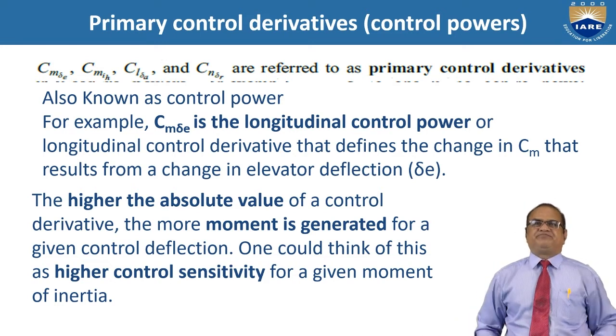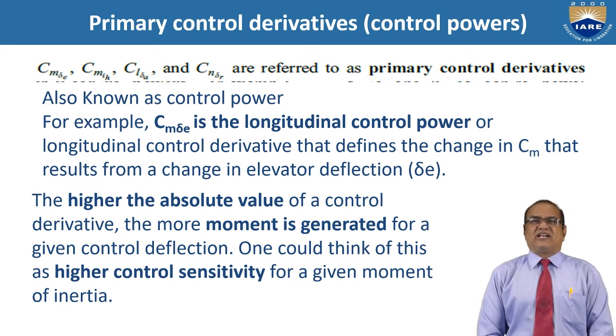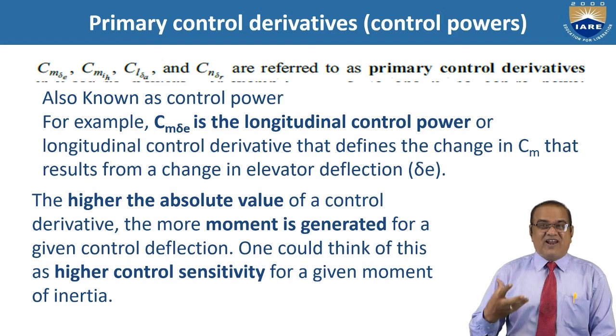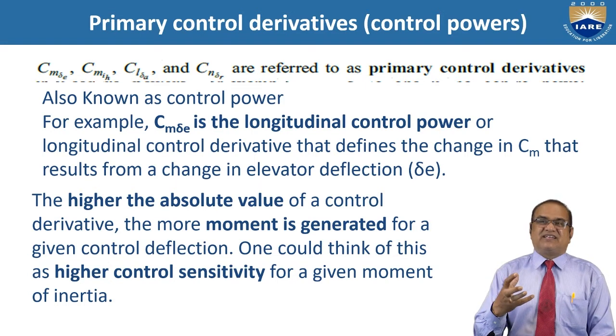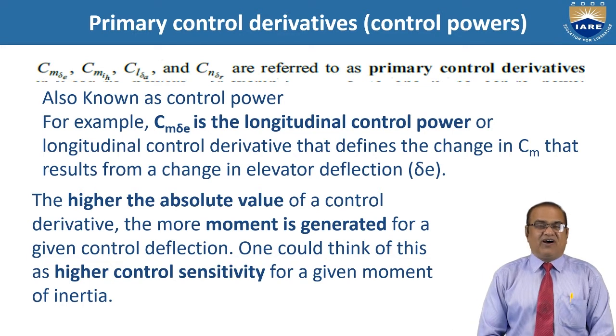So here, all these derivatives are also known as the control power, because we have to deflect the surface, and this deflection will make the attitude of the aircraft change. For example, Cm delta E is the longitudinal control power.